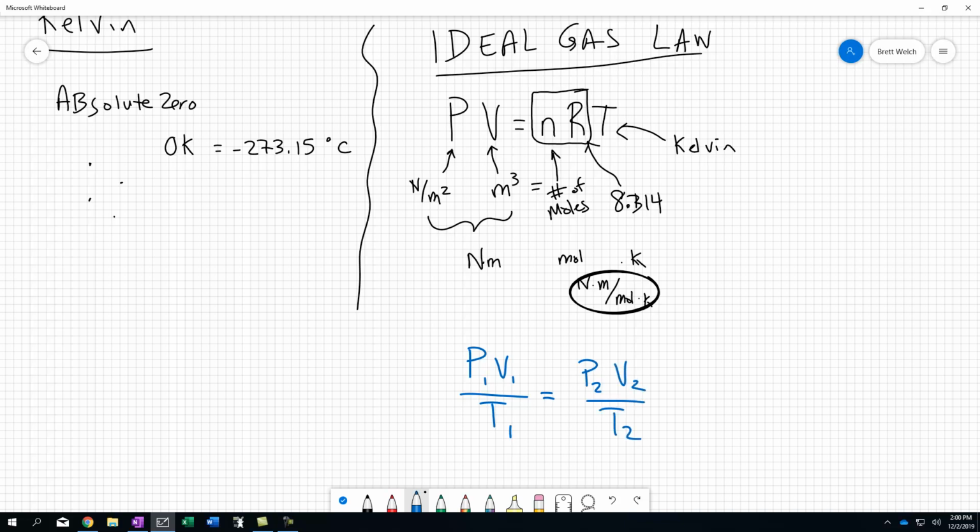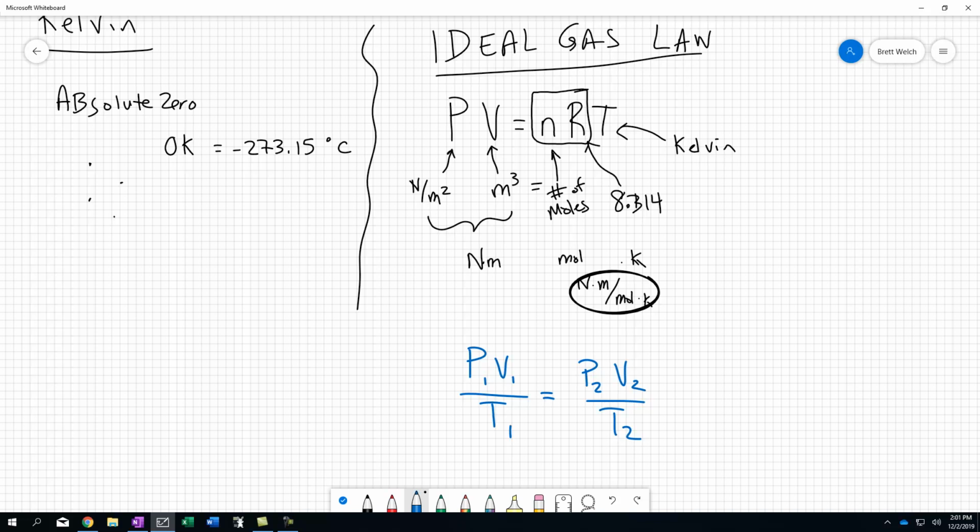What this allows us to do is to talk about a gas before and after some changes to its pressure, volume, or temperature. If I take a balloon full of gas and put it out in the cold, in the snow overnight tonight, I'm going to come out and notice that it's smaller, that its volume has decreased as the temperature has decreased.